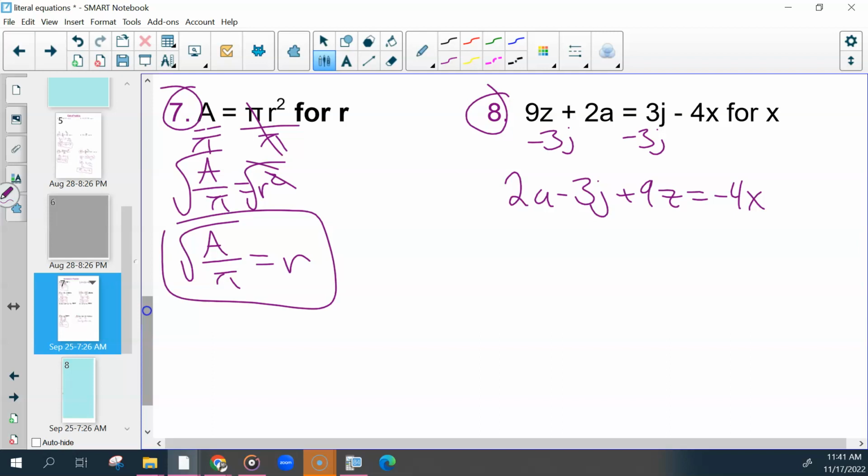If I were to divide by -4, would any of these simplify? Would 2 over -4 simplify? Yeah. So we're going to divide each number by -4.